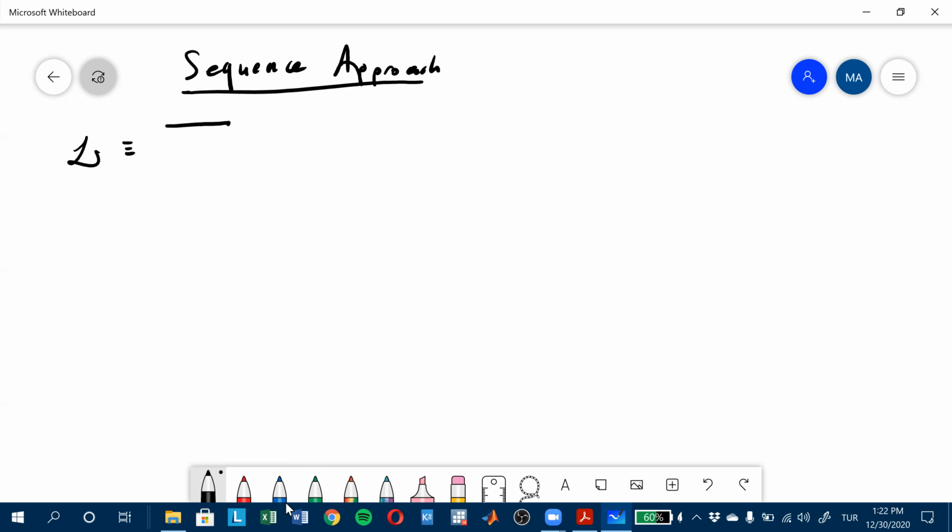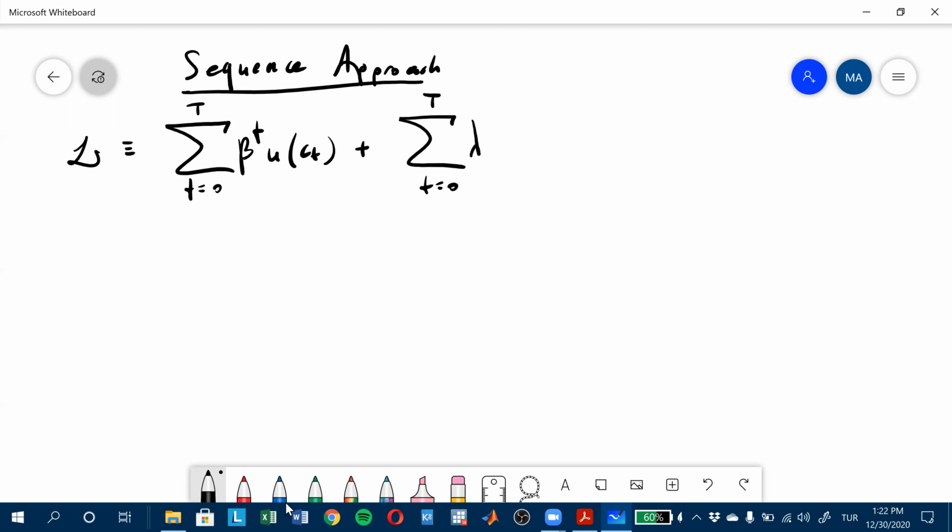So your Lagrangian is now this: beta^t U(C_t) plus, now you have constraints for each period, then for each period you must have some Lagrange multipliers. Okay, so that's it.